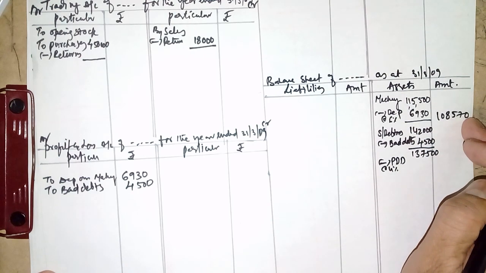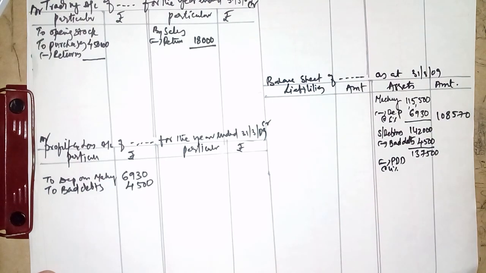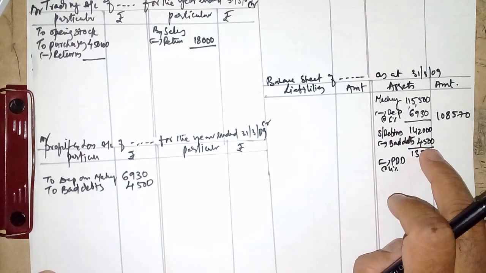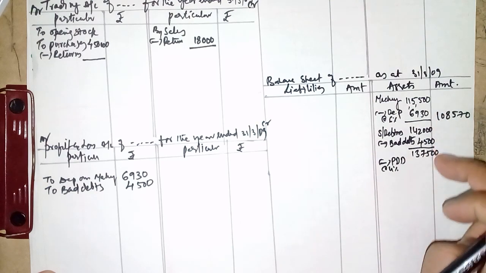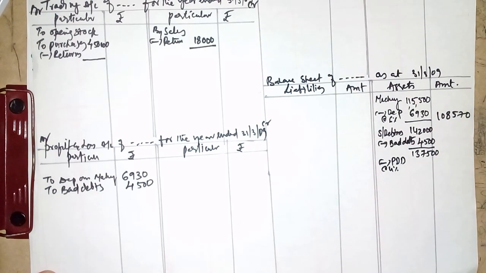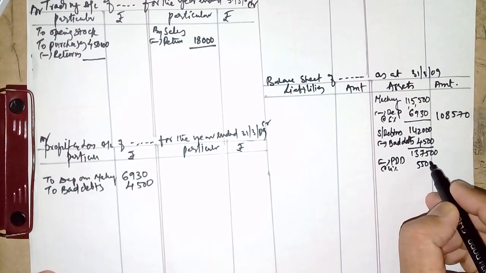We must calculate after deducting bad debts, whichever is given in adjustments. We are not talking about the bad debts given in the trial balance. If bad debt is given in the trial balance, it is directly recorded on the debit side of the P&L. It is an adjustment. So once we deduct the bad debts, whatever resultant value we get, on this we need to calculate provision. How much? At the rate of 4%, into 4%. That is equal to 5,500.